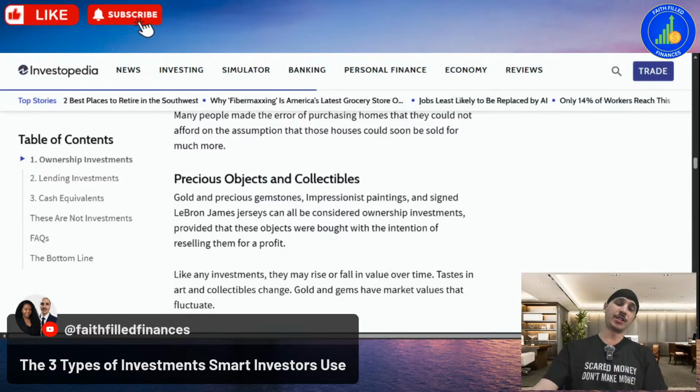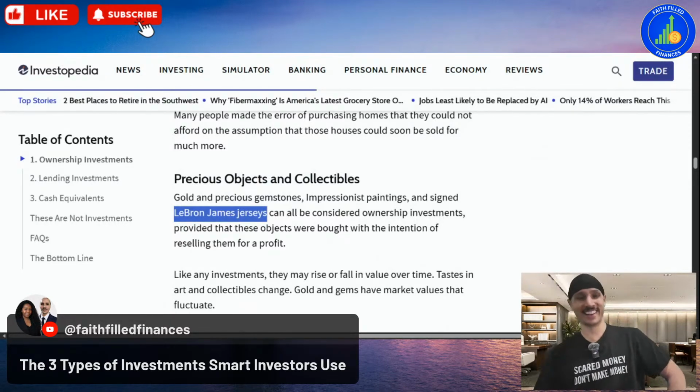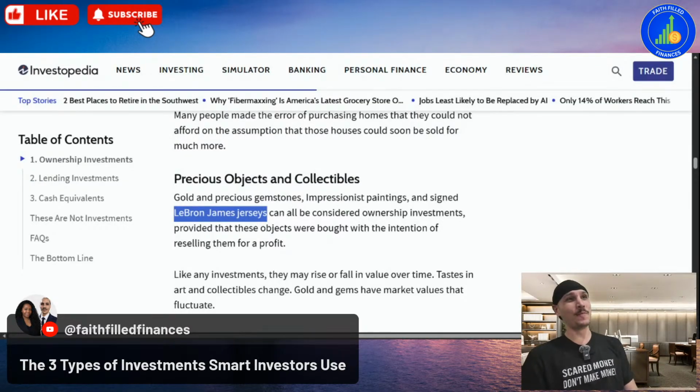So that LeBron James jersey that you wore about 20 times is probably not an investment. The Michael Jordan sneakers that you wore about 20 times are probably not an investment.